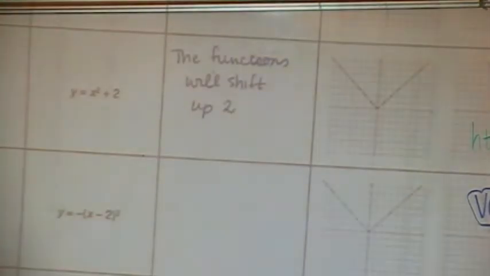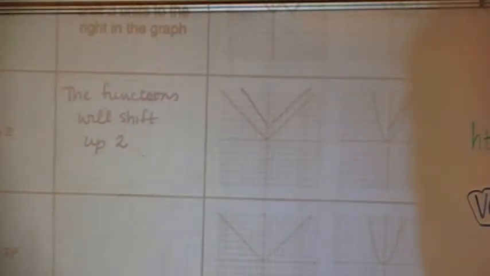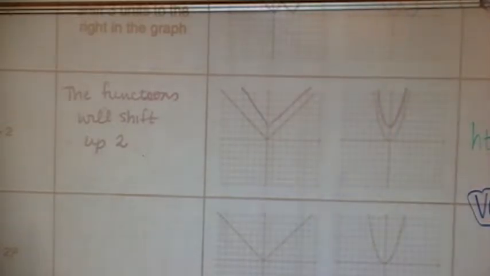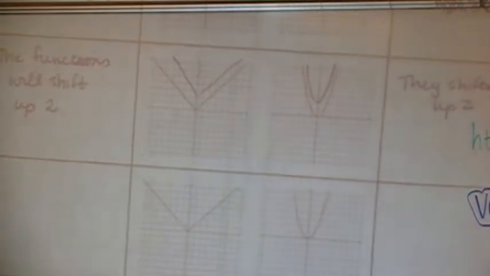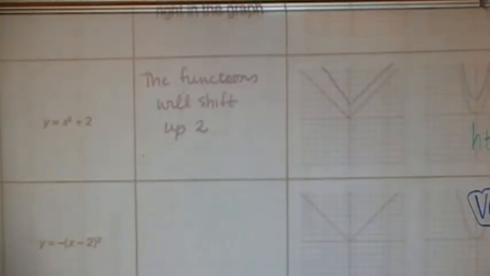I'm going to sketch those. They have already sketched the parent functions here. That's what it did when I put it in the calculator. So it looks like they shifted up 2. I go back and check my prediction, and that's exactly what I predicted would happen.